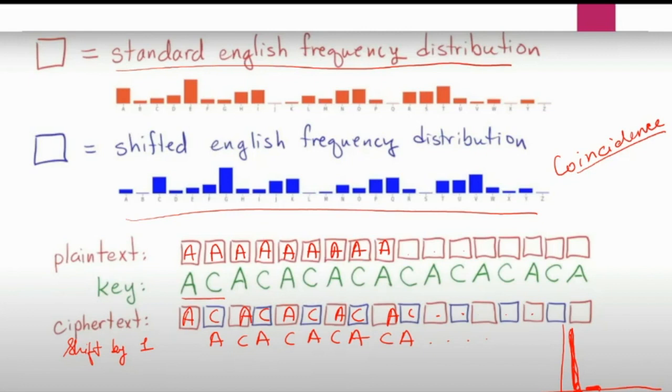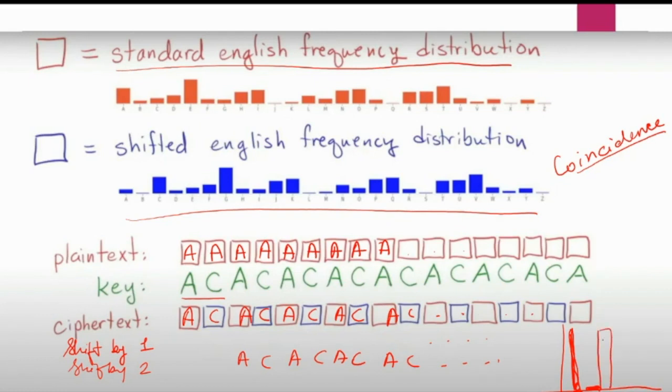Now let me shift it by 2: AC, AC, AC, and so on. You have to check coincidences with the cipher text. How many coincidences? All coincide, right?